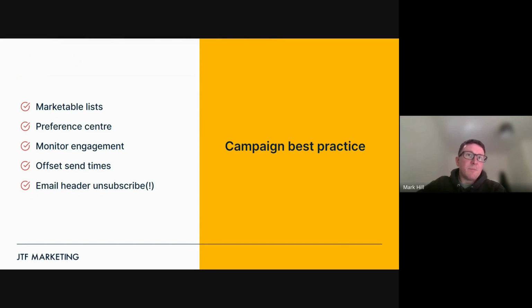Another good idea for campaign best practice is to offset send times. So around 70% of global emails are sent at the top of the hour. This is because most bulk email senders will schedule their emails to send at 9 o'clock, 10 o'clock, 11 o'clock.